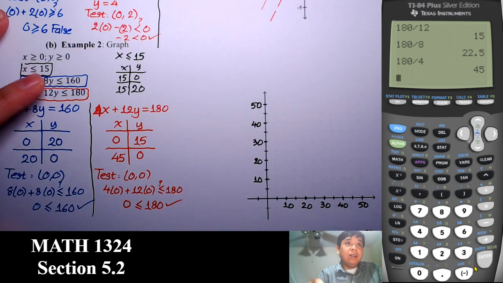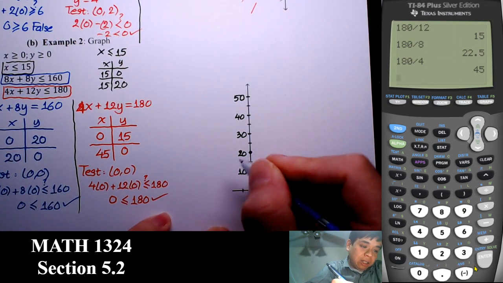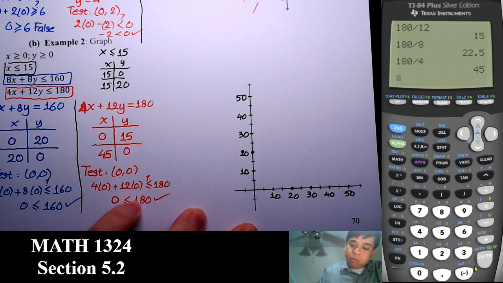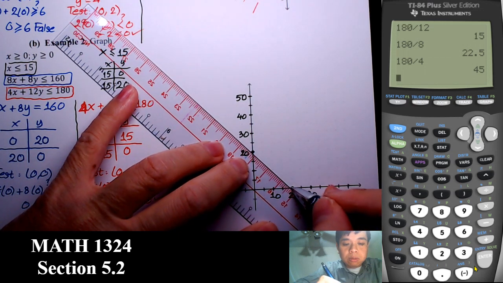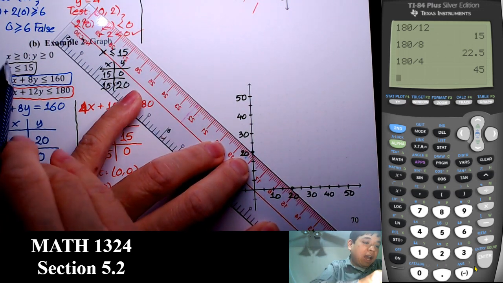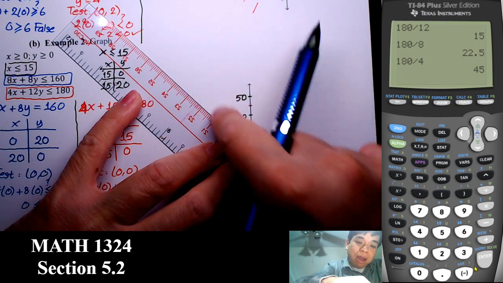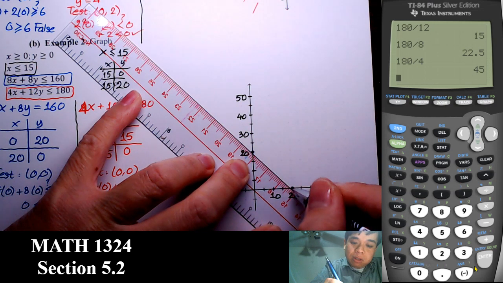So 0 and 20, 20 and 0. Again, x greater than or equal to 0, y greater than or equal to 0. We will not need to draw anything past the y-axis or the x-axis. Just stay at the upper right-hand corner here.